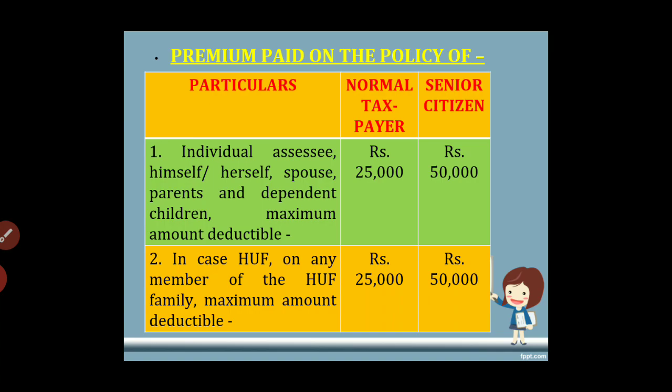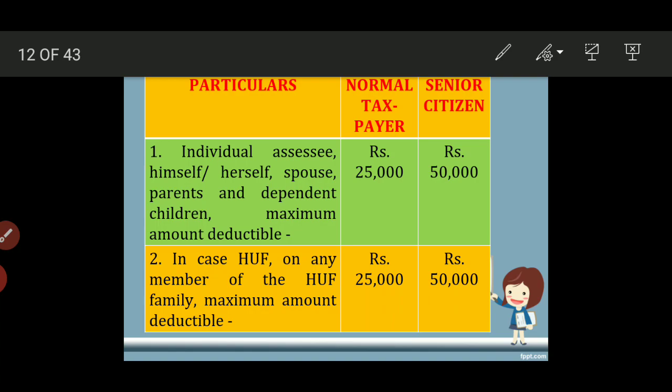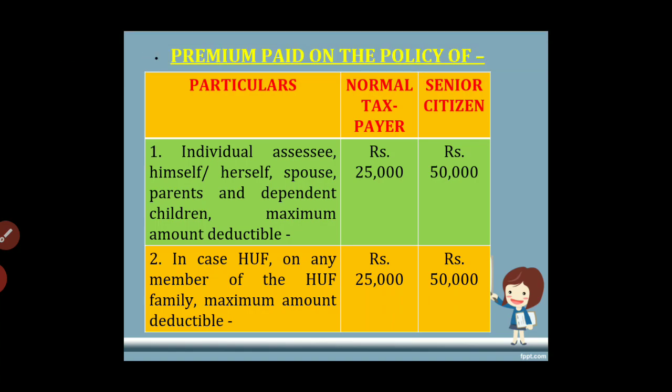Here you can see one table, right? First column is for particulars, second column is for normal taxpayers. That means not a senior citizen, that is below 65 years age. Taxpayers below 65 years of age are called normal taxpayers, and senior citizen means above 65 years.